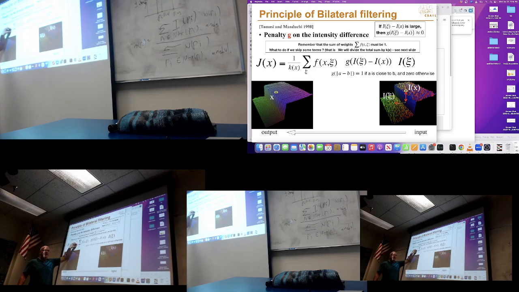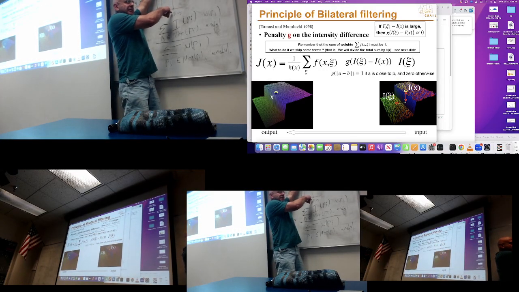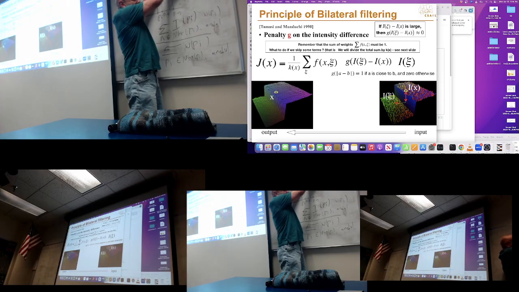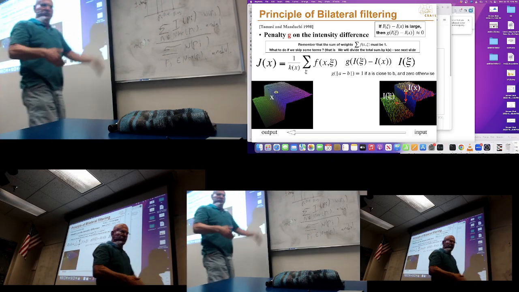My decision about the pixel being useful or not, in this case, was a Boolean decision. If it's less than this gap, it's a useful pixel. More than this gap, it's not useful and gets 0 weight.